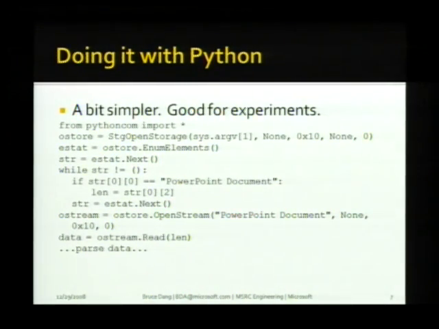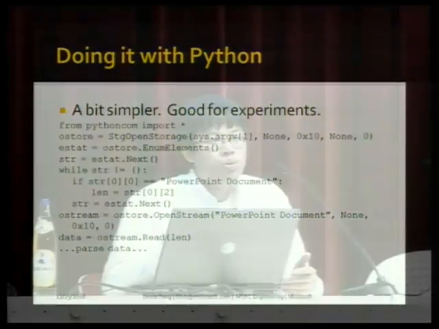Python has a package called PythonCOM, which is a port that calls the Win32 API, so it uses the same function names. You pass the file name, enumerate the elements, and it passes you back a list. You iterate through it and read or write from it, and do whatever you want with it. And that's it.